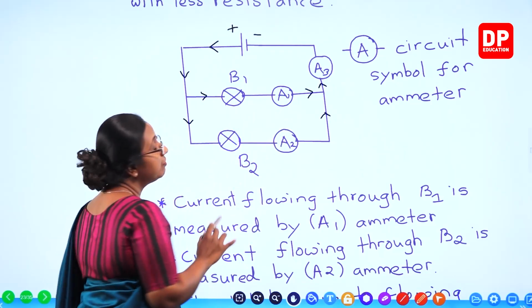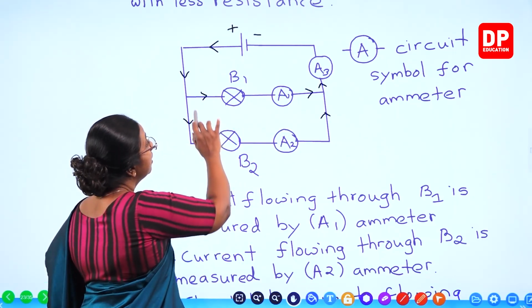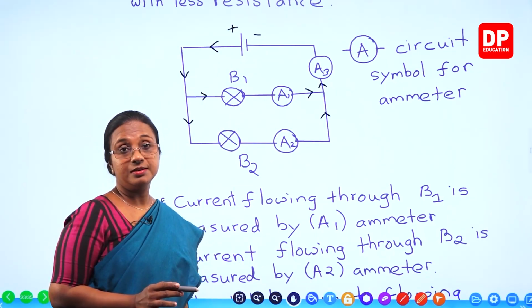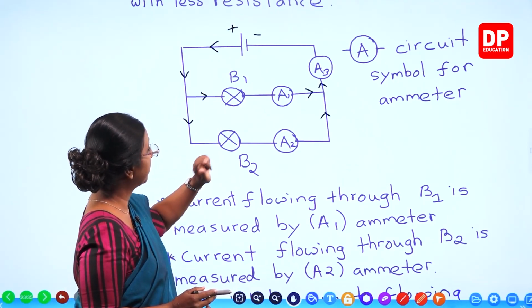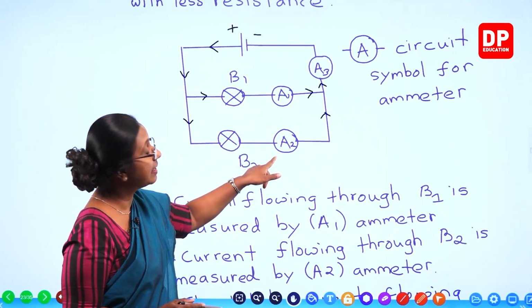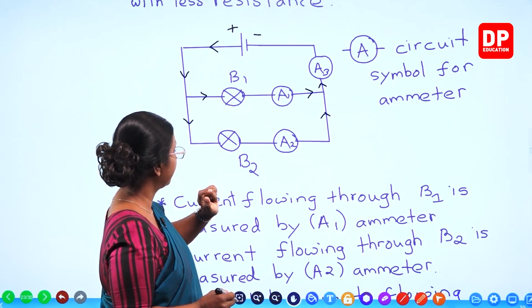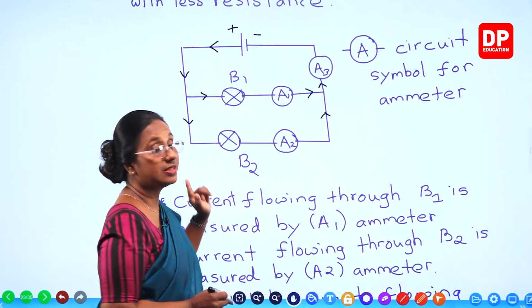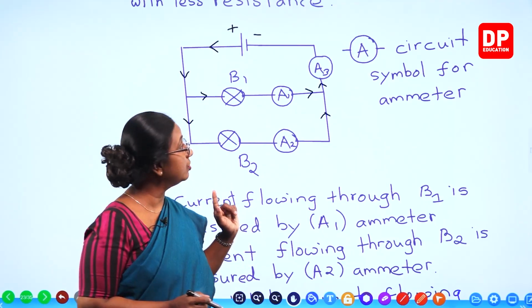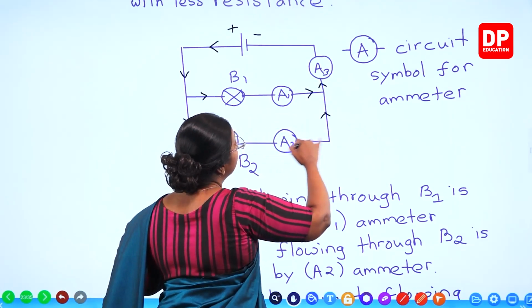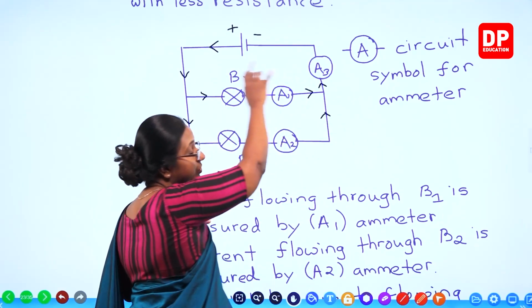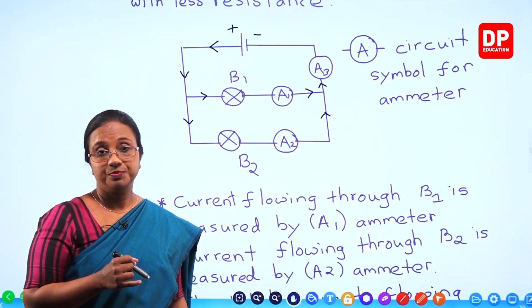If you want to find the current that is flowing only through bulb 1, because the current has divided at this point, you need to have separate ammeters. So A1 will measure the current flowing through this, A2 will measure the current flowing through bulb 2, and A3 you can use to measure the current flowing through the full circuit.